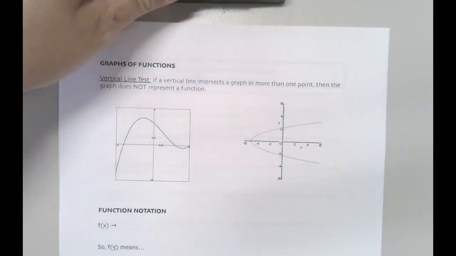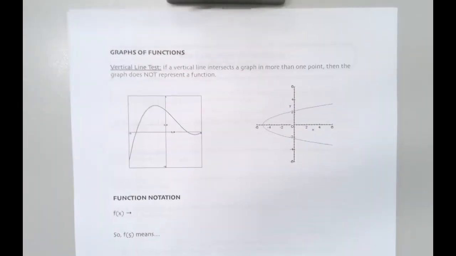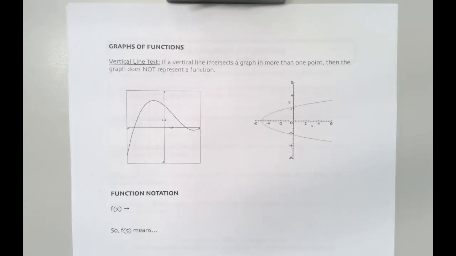Oh, and you've seen this before. So I'm going to go really quickly through this. Vertical line test. So remember we talked about functions are one input to one output. That's a really important aspect of what functions are. If you're looking at a graph, the vertical line test is how you can quickly do a visual check for that relationship. Okay?